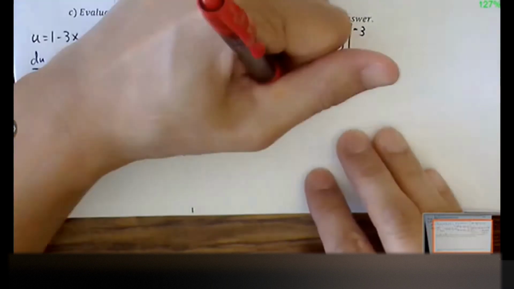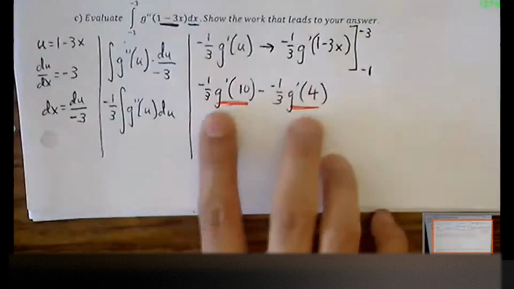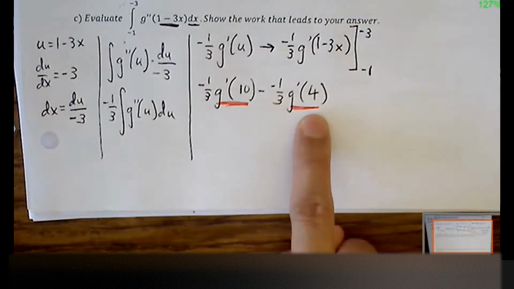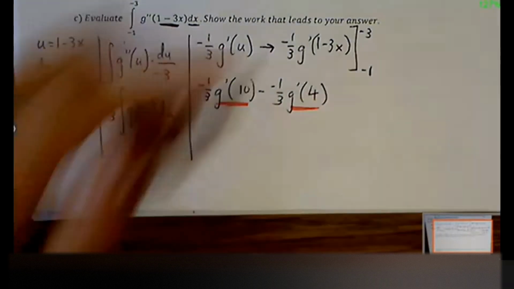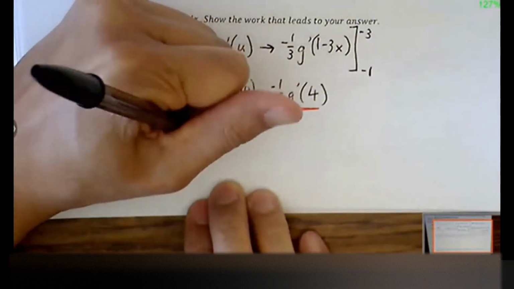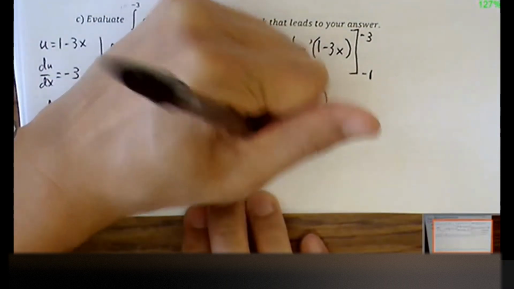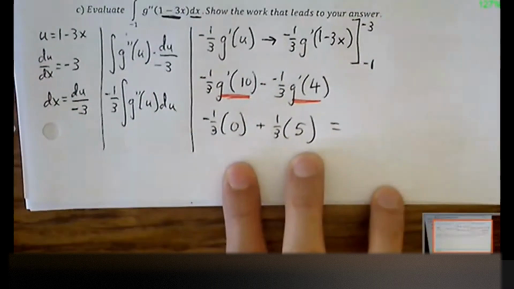Okay, we have specific values from our table that we can insert in. G prime of 10 is 0. G prime of 4 is 5. And that's just going to give us 5/3.